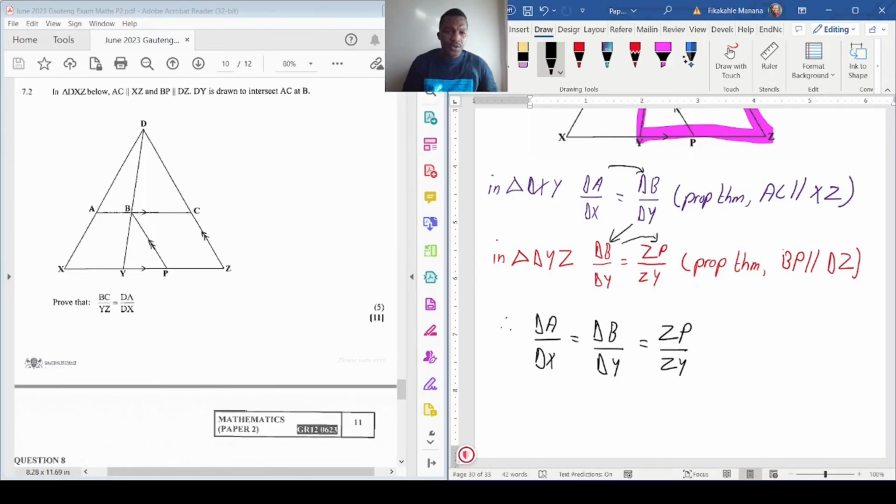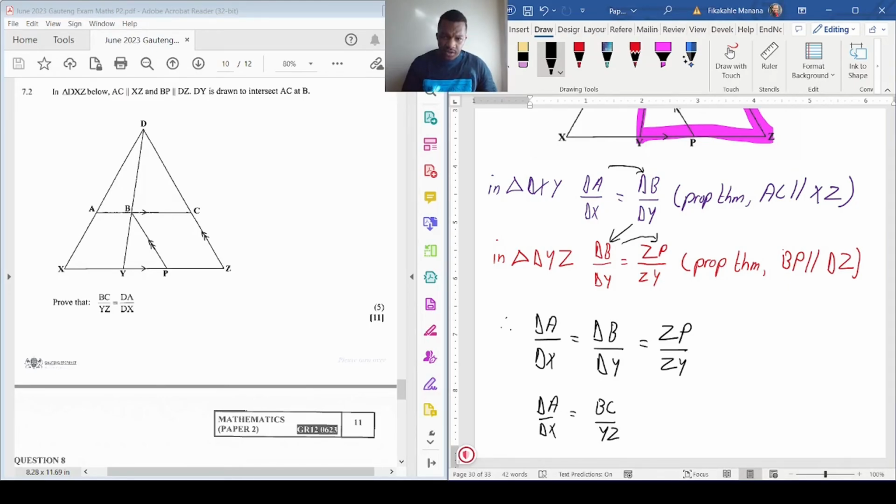Right, now if we look back at the question, it has dA over dx. Okay, we have that, dA over dx, and then it has BC over YZ.